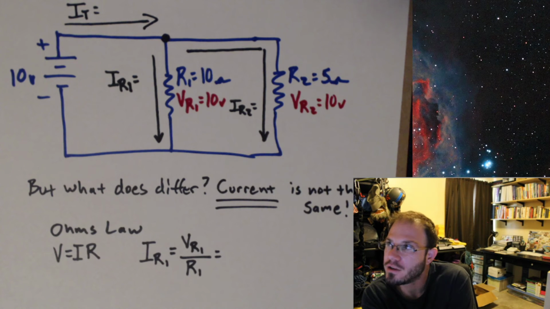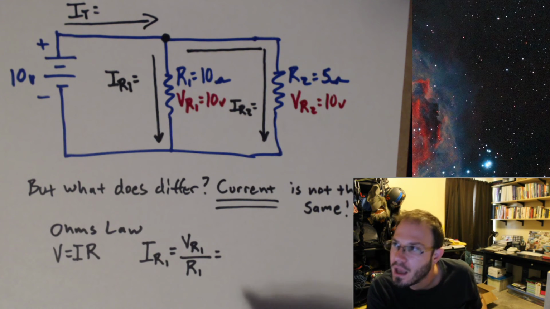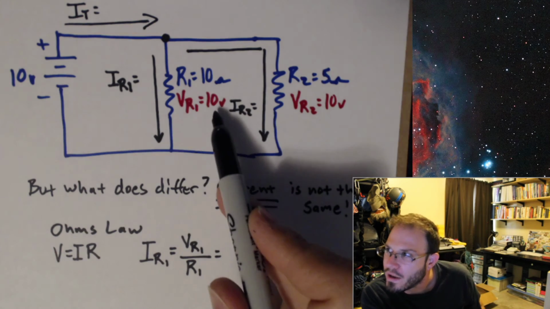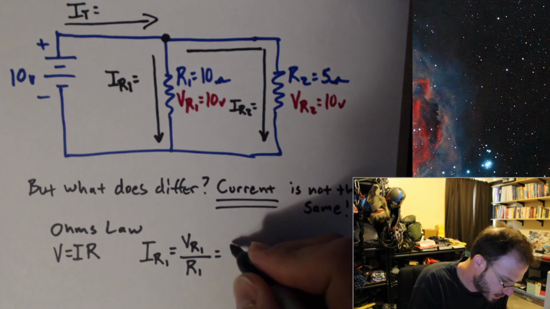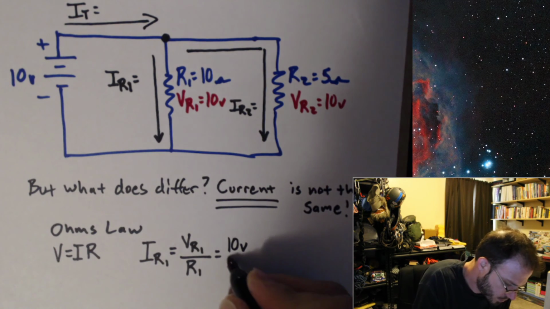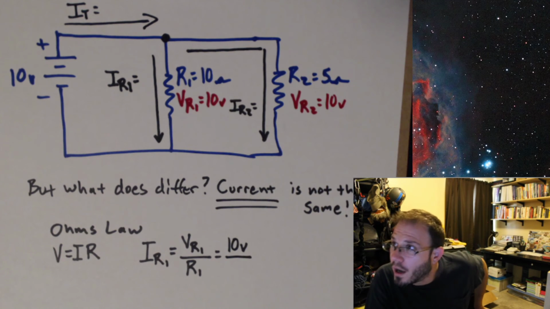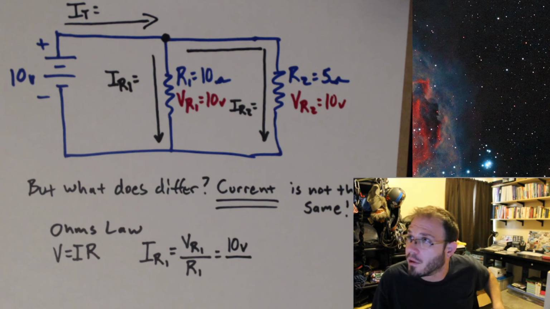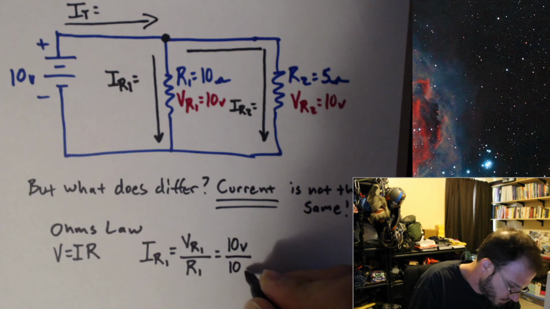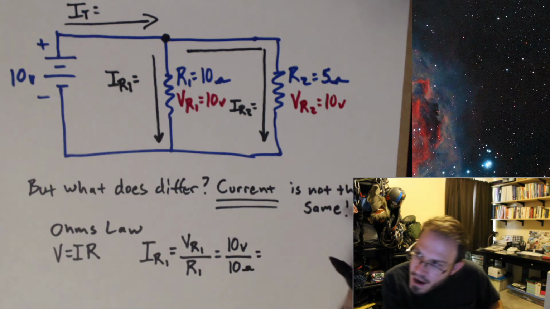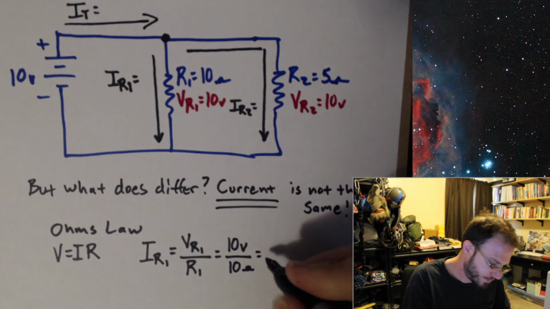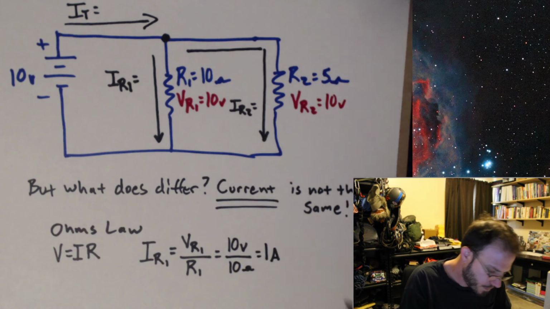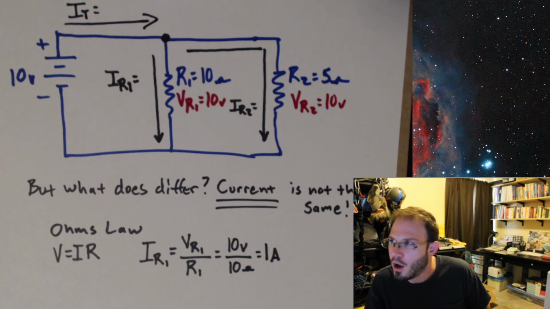Let's plug in our values. VR1 is just equal to 10 volts. We figured that out because we know that everything in parallel has the same voltage across it. And R1 is equal to 10 ohms, given by the problem. Therefore, what's my current equal to? 1 amp. Make sure you keep the units straight. So now I know the current going through R1.